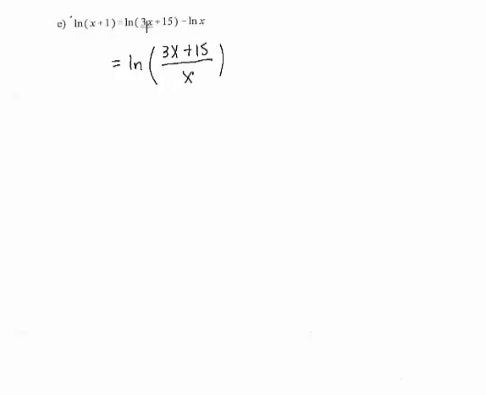The two natural logs are subtracted, so if you want to combine them into one log expression, then you would divide the arguments, with the first one going into the numerator and the second argument going into the denominator. At this point we have single log functions on the left and the right side, and so we can drop the natural log and set the two arguments equal to one another.